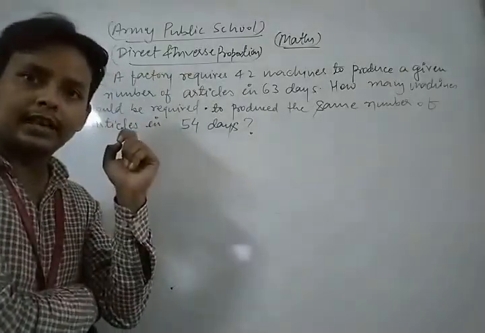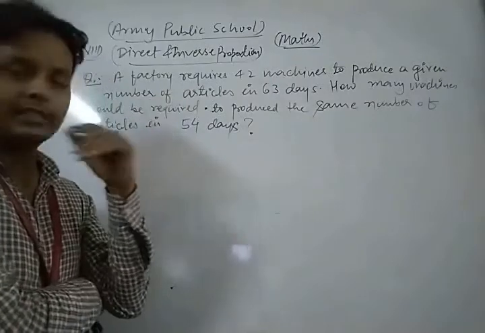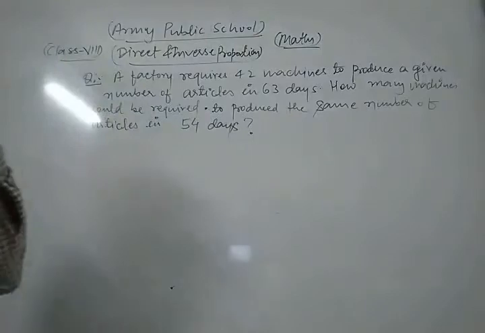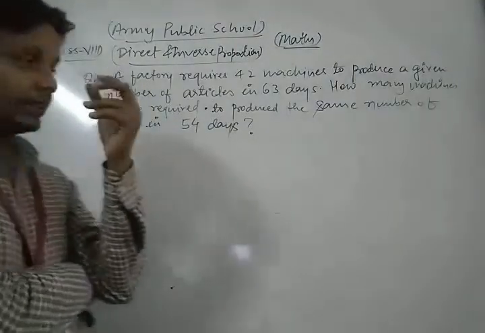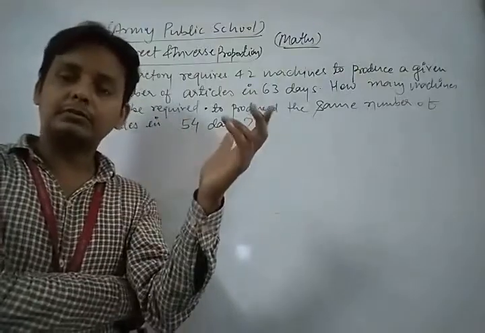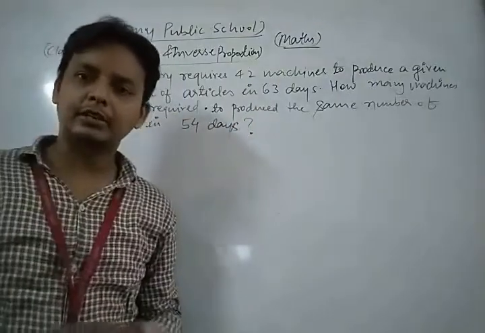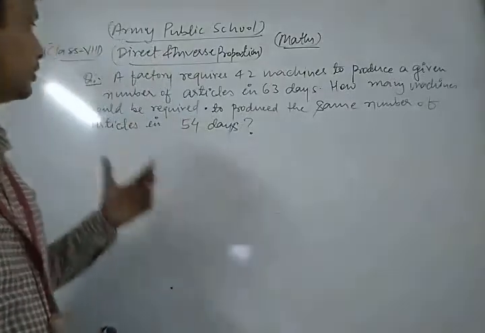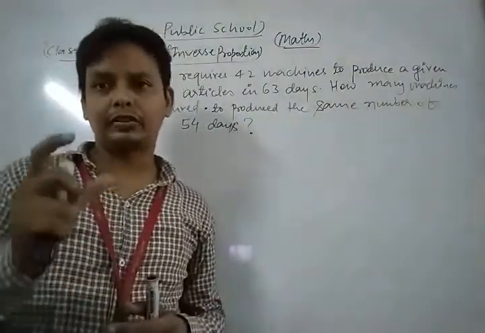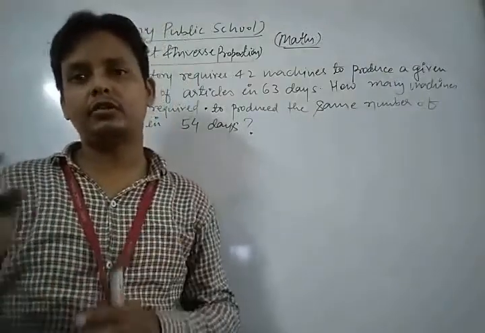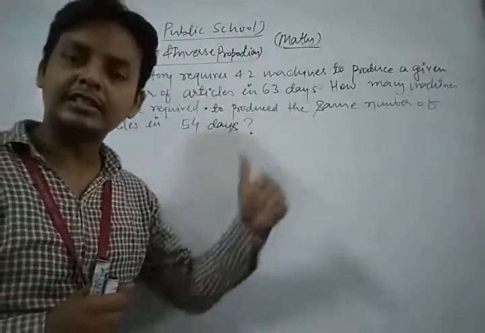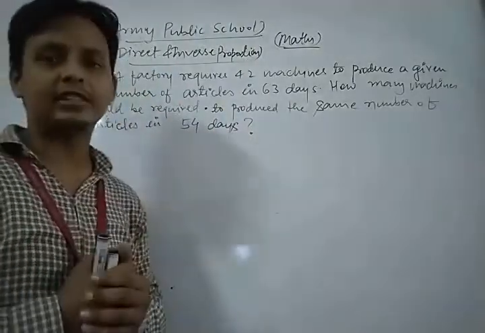So dear students, in that question, if the number of machines increases, then the time taken by the machines is reduced. If the number of machines increases, then the number of days decreases.